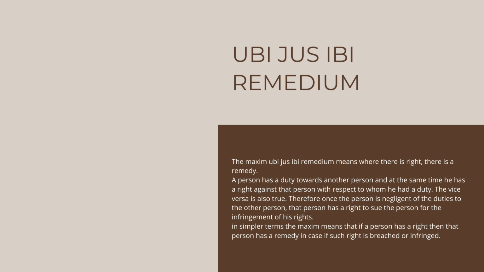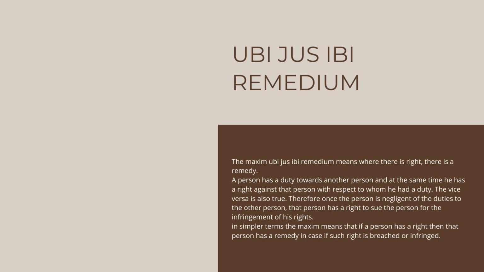Let's delve into the very basics of this maxim. Every person in the society has certain rights and duties towards another person. Now, when he breaches the duty towards another person, that another person has a right to sue the person in the first place for the breach of such a duty.